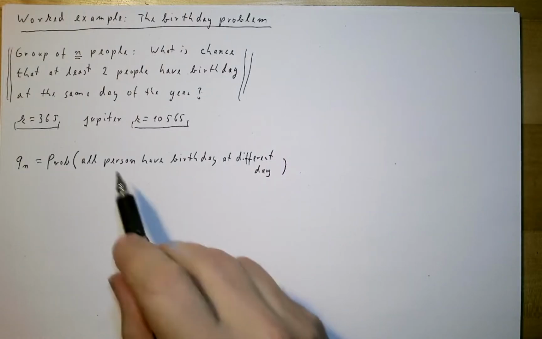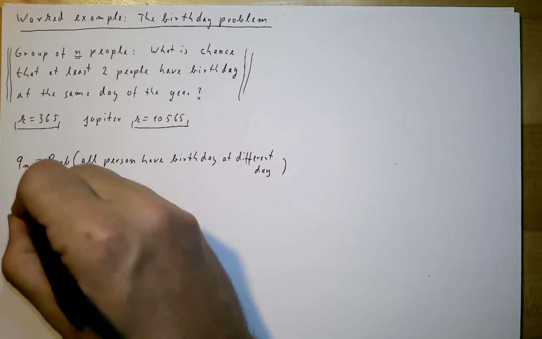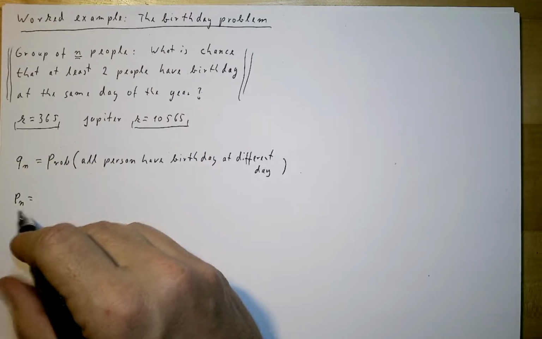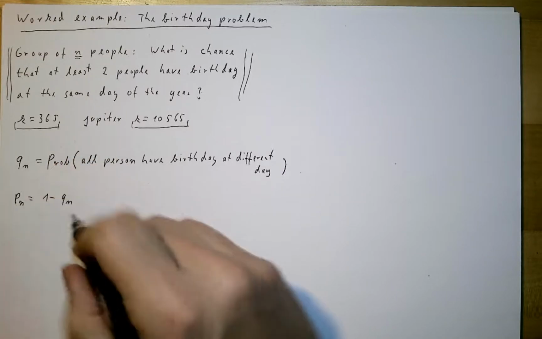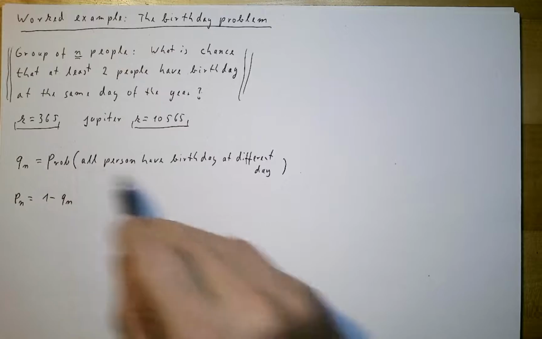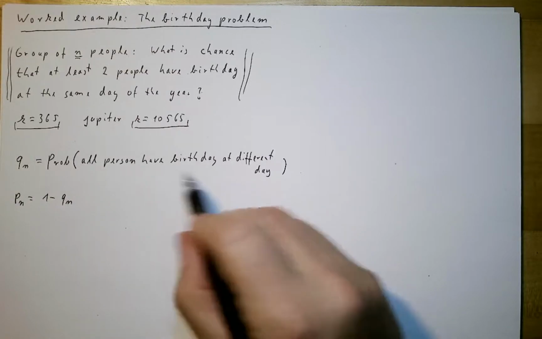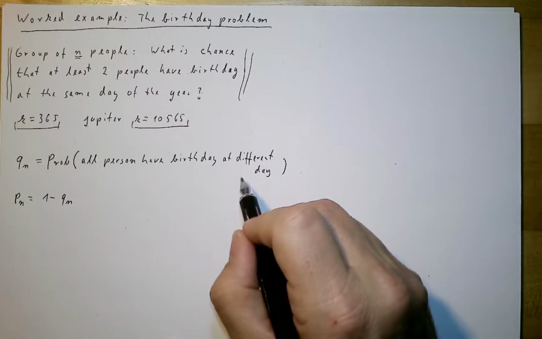Then it's clear that what we are looking for, the chance that at least 2 people have birthday on the same day, is 1 minus Qn. That's just the complementary event, and this probability is easier to calculate. So how do we calculate the probability that all people have birthday on a different day?